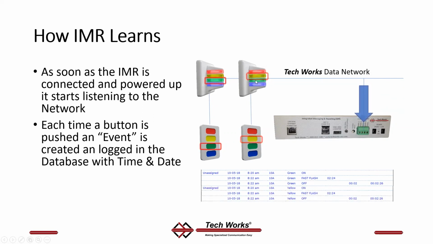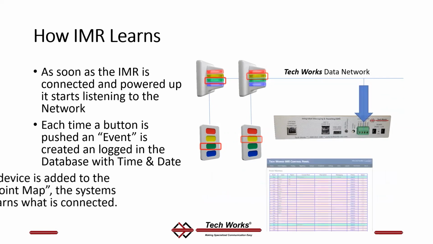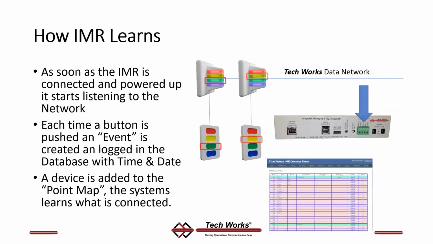Same thing with another button. You push a second button, it creates another event. It also logs that device address for this station in the database. A device is added to the point map every time it is pushed. So every time one of these buttons is pushed, it logs another device in here.